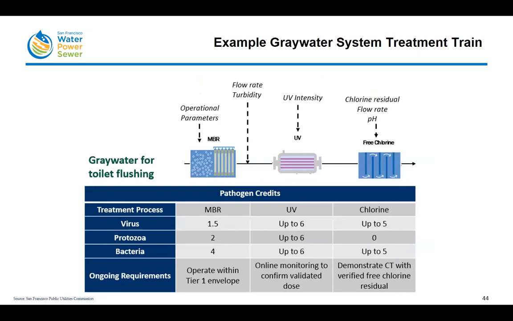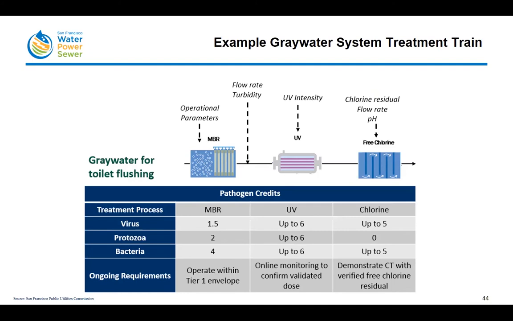So how do you get from that pathogen log reduction target to an actual design of a treatment system? And this is an example of how you would do that. So this example is just graywater for toilet flushing. And so what you do is you have your treatment processes.